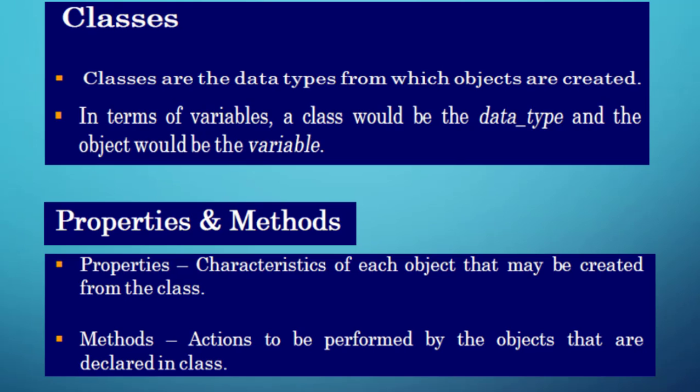Now let's see what is the difference between properties and methods. When you talk about properties, we understand the characteristic of each object that may be created from the class, whereas methods are like actions to be performed by the object that are declared in the class.